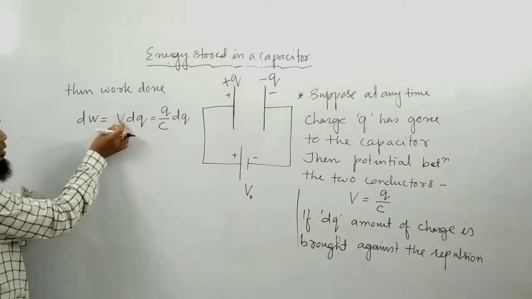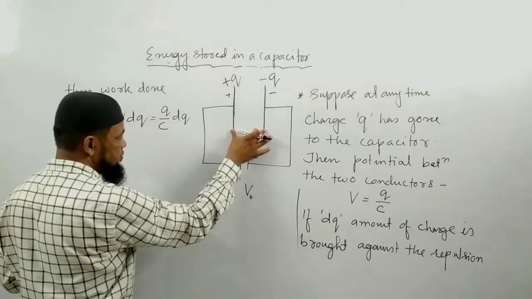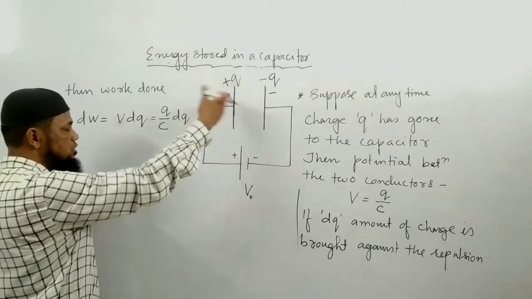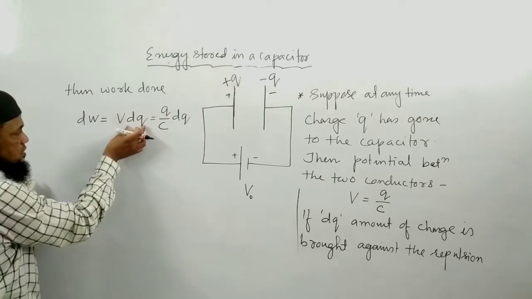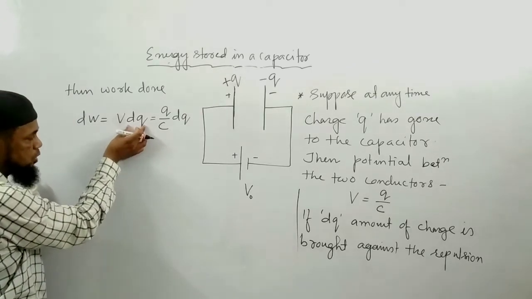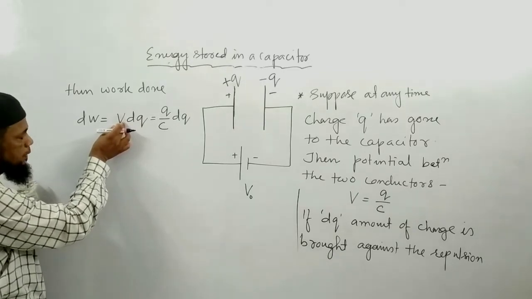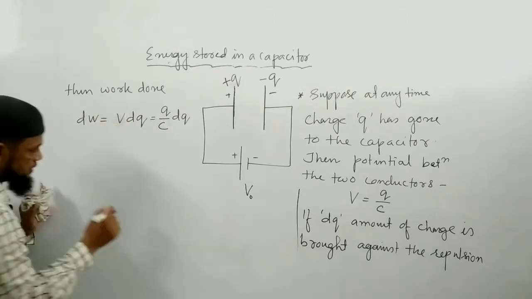Work done dW is equal to charge into potential difference. At that instant the potential difference is V volt and we are putting an additional charge dQ. Since dQ is such a small amount, the potential will approximately remain constant.